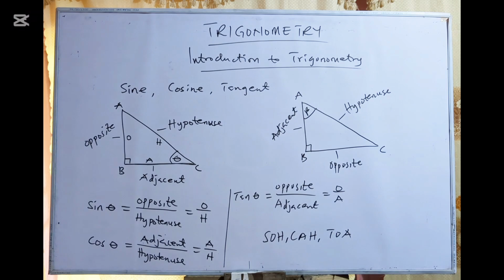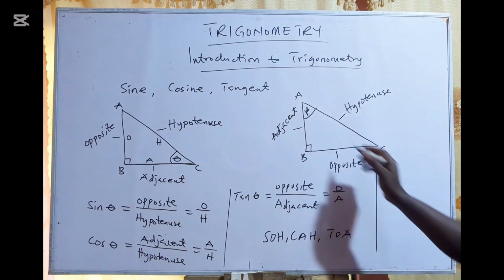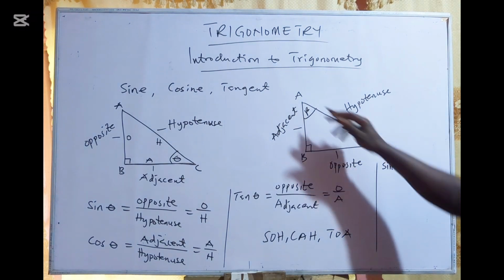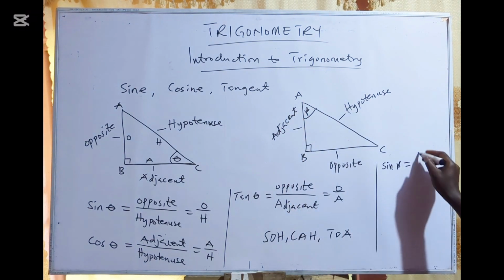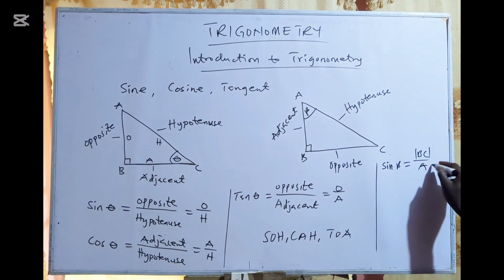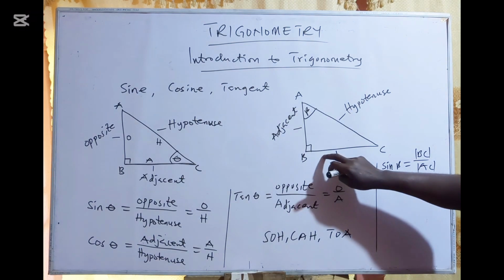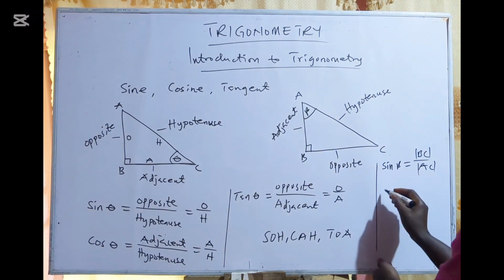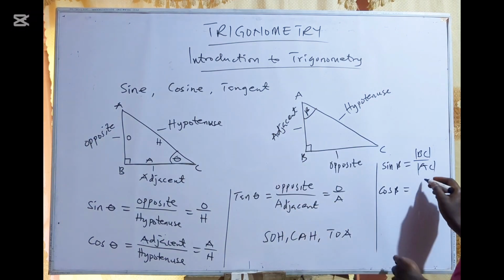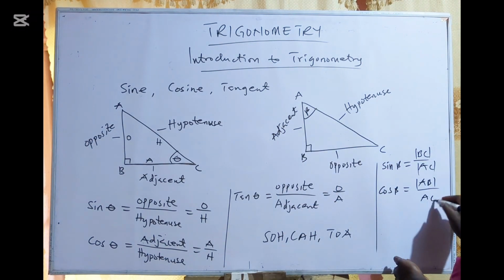So take note that SOHCAHTOA is only applied for a right angled triangle. The same thing will apply here. If I'm considering my sine beta, considering this right angle, opposite BC over hypotenuse AC. My cos beta, what is cos? Adjacent AB over hypotenuse AC.